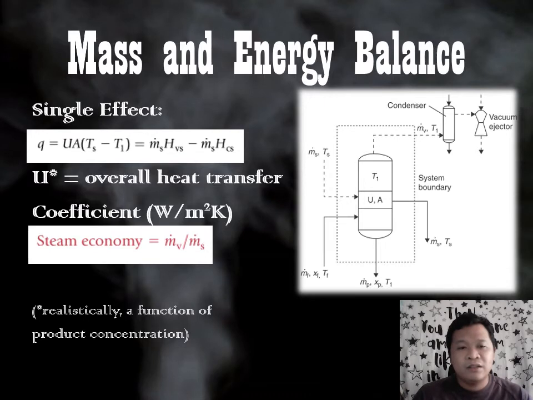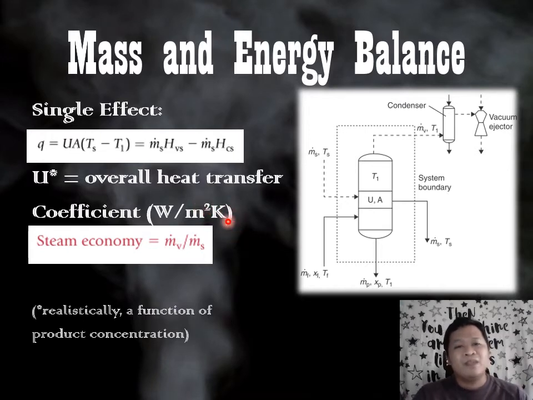So in heat, mass and energy balance, specifically for evaporators, there is what we call the overall heat transfer coefficient, or U, in watts per area per unit temperature, or watts per square meter Kelvin. So what this means based on the units, diba, is the rate of heat transfer for each square meter of surface area ng loob ng inyong chamber, and for each Kelvin na difference ng temperature.